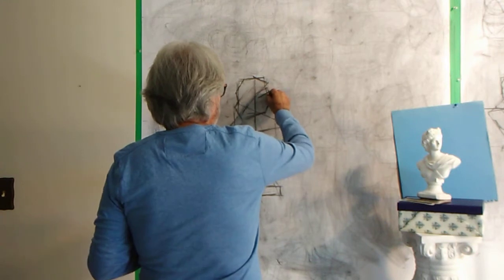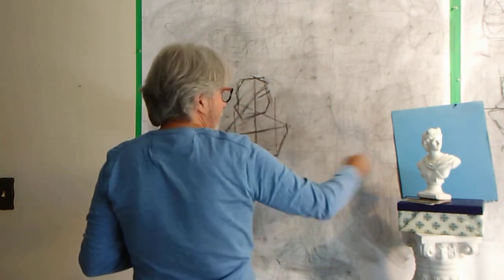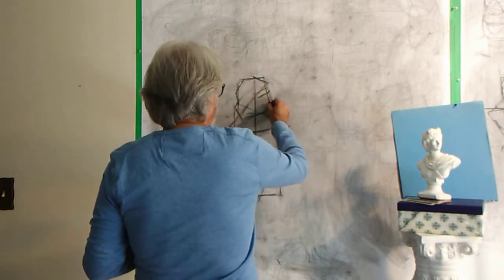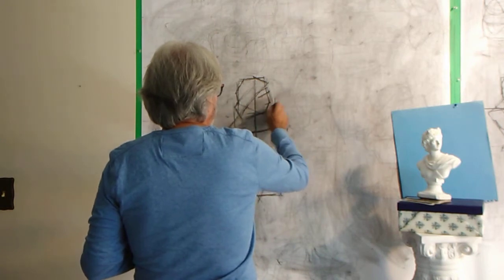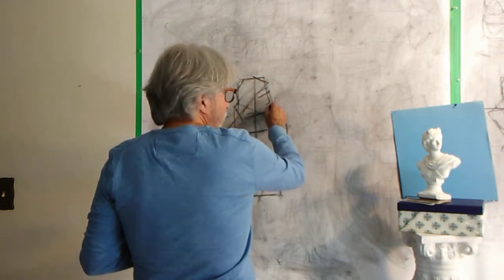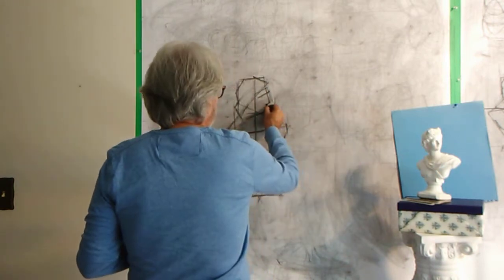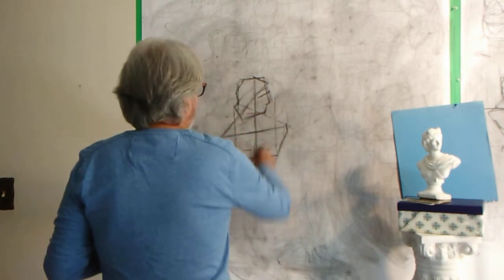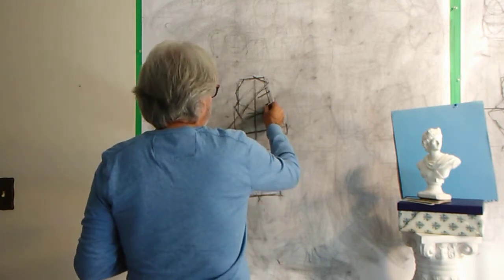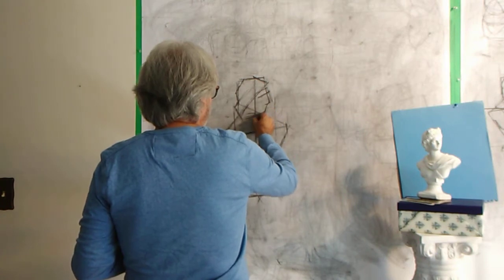So anyways, I've got this angle going. I've got the angle of the nose in place, and I'm going to look at the angle of the nose underneath, and it goes this way. And this construction from the philtrum to the chin, forget the mouth sticking out, just go for this angle. The reason we go for that angle is because it tells me where the chin is in light of the philtrum, if you're doing a head.